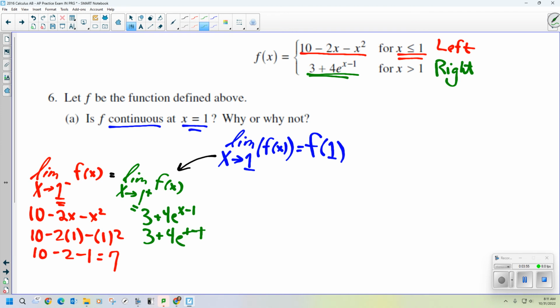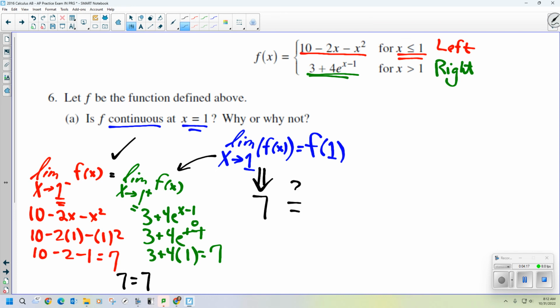E to the 0. Anything to the 0 power is just 1. 3 plus 4 is 7. Great. 7 equals 7. That's good, which means this limit has a value of 7.